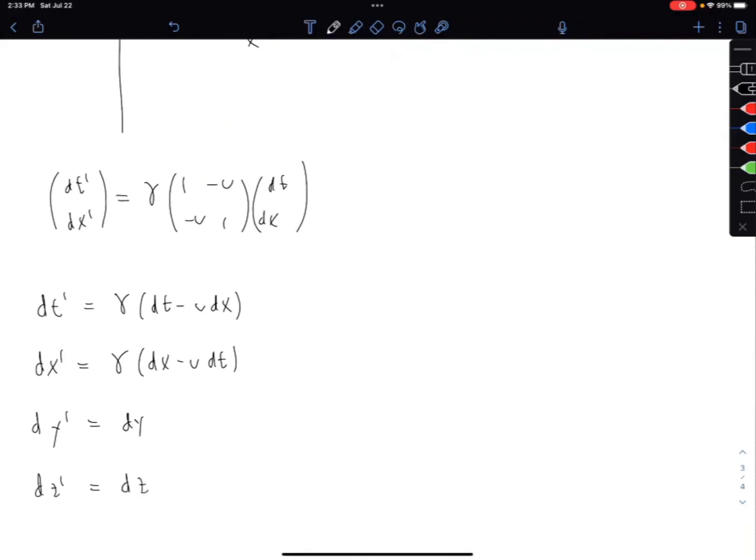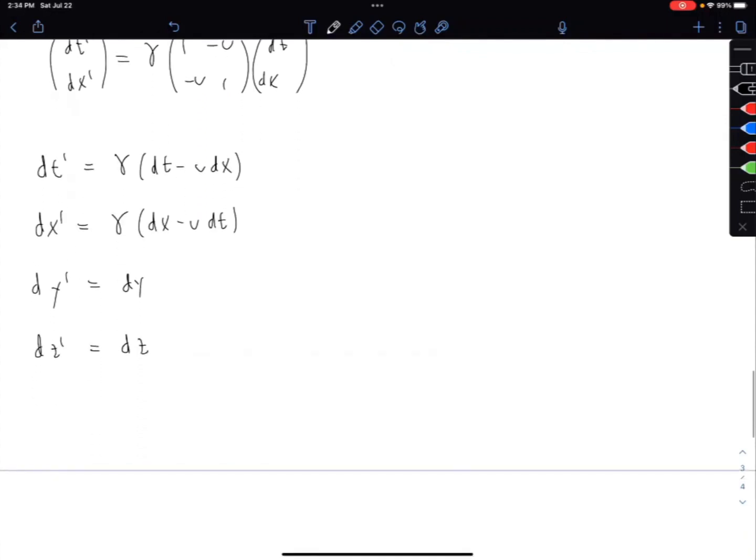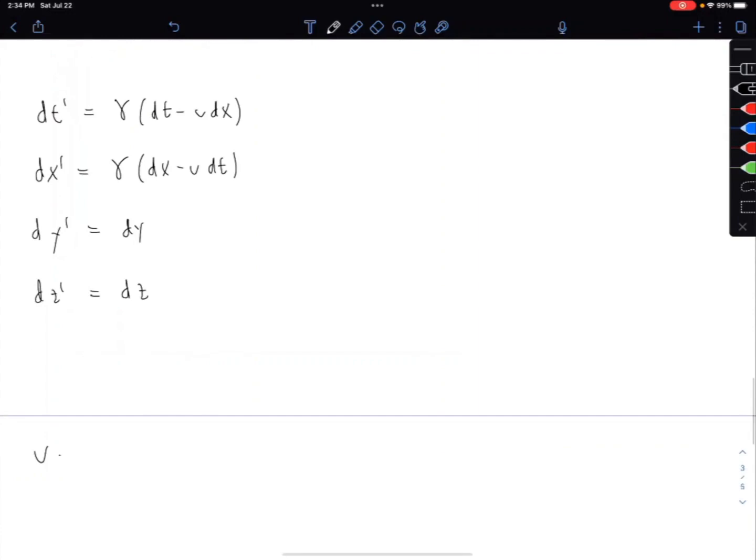Okay, so the velocity in the unprimed frame, I'm going to call that u, and then in the primed frame, I'm going to call it u prime, right?